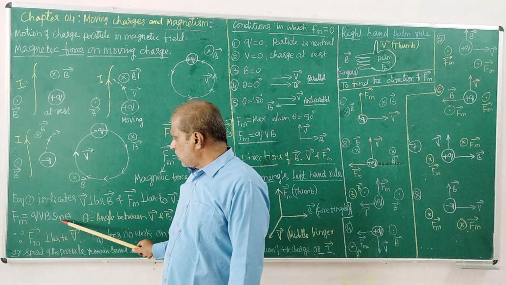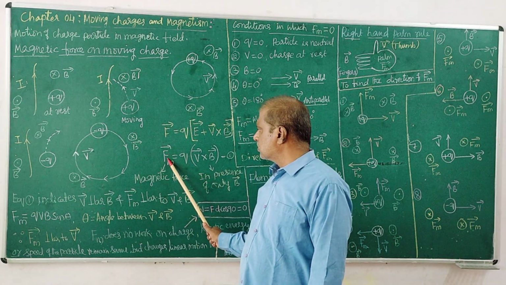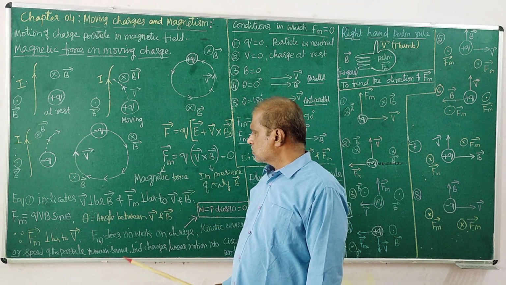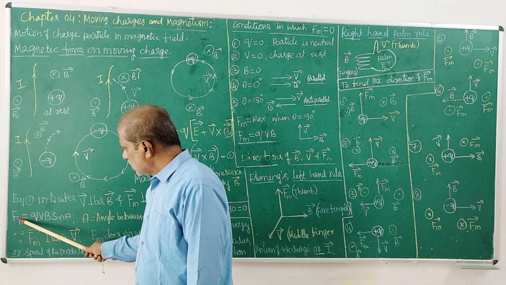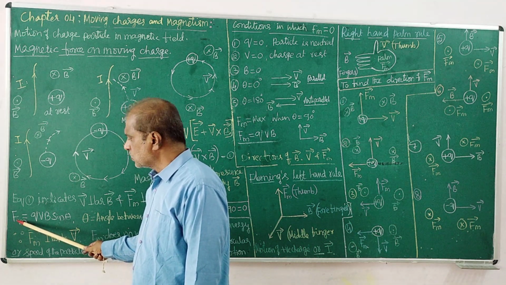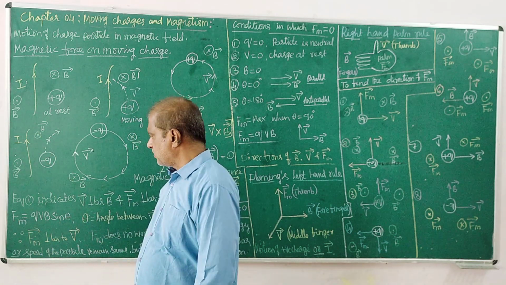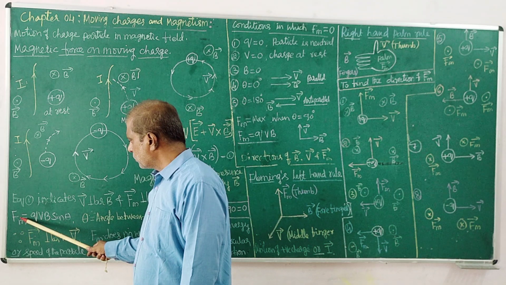The scalar form specifies only the magnitude of the force. The vector form specifies both direction and magnitude. So let us concentrate on this equation. Look at this. This F can have some possible values, varying between a minimum and a maximum. The minimum value is 0.